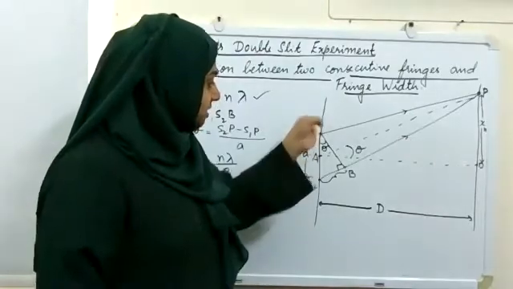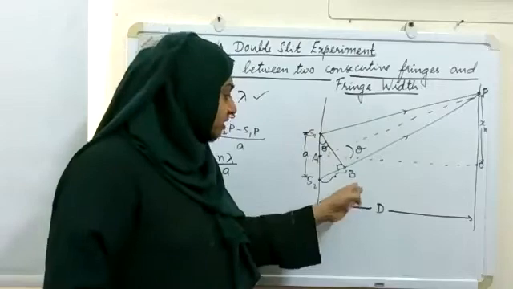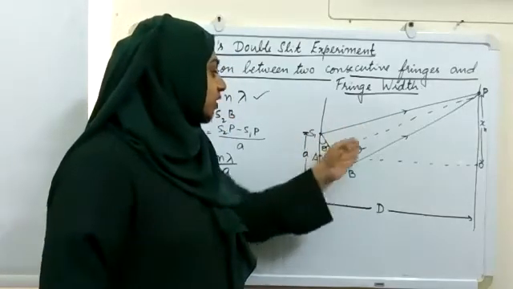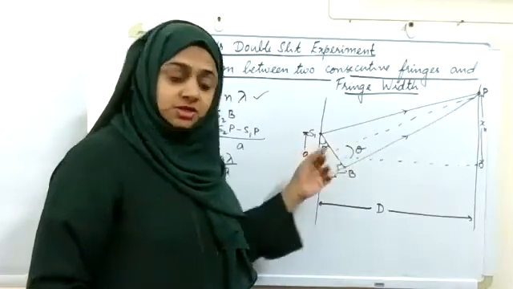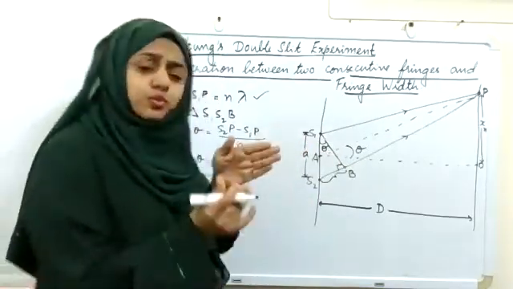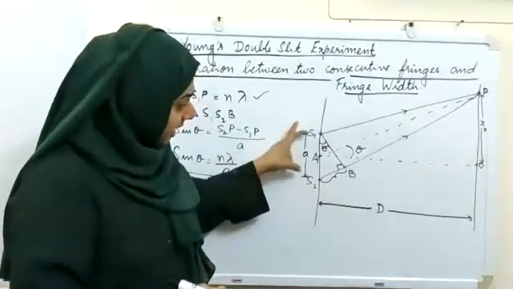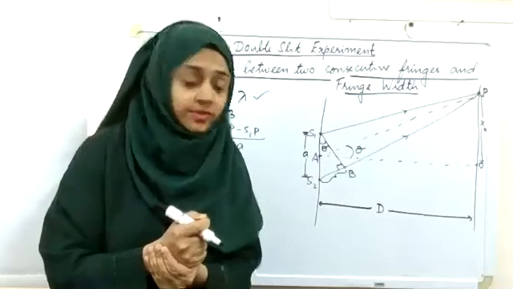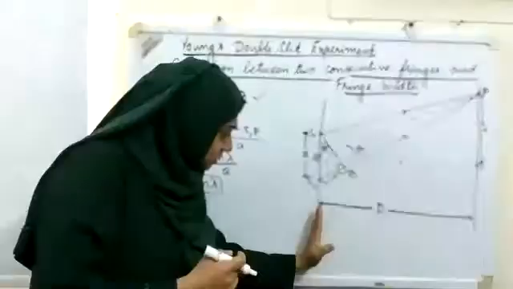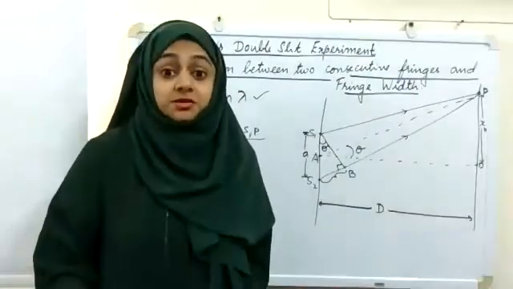Also, we know that S1B is like a wavefront, which is perpendicular to the ray of lights. Now, we can make this approximation because this distance A is very small compared to this distance D. Here, A, the distance between two slits, will be less than a millimeter, and the distance between the sources and the screen will be around 1 meter.